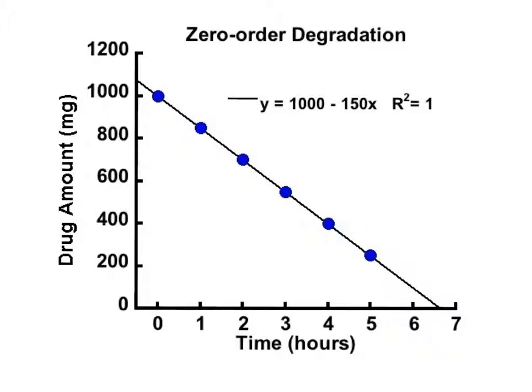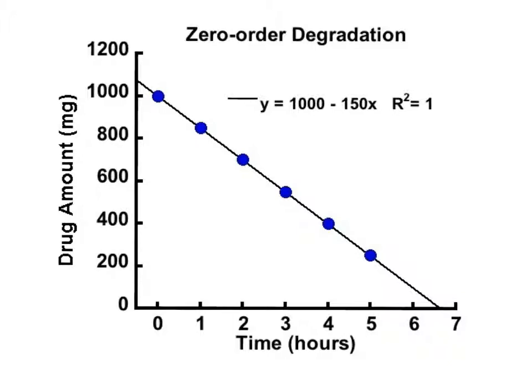As I mentioned, if we plot the drug amount versus time, you can see that we get a linear plot with our zero-order degradation. We can fit an equation to the data that we have.